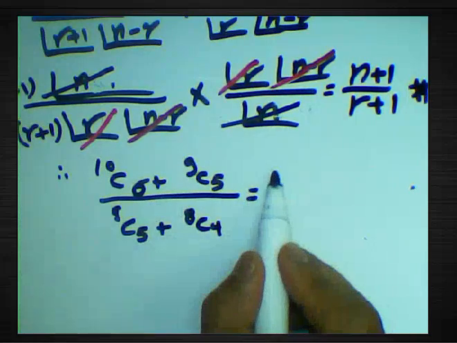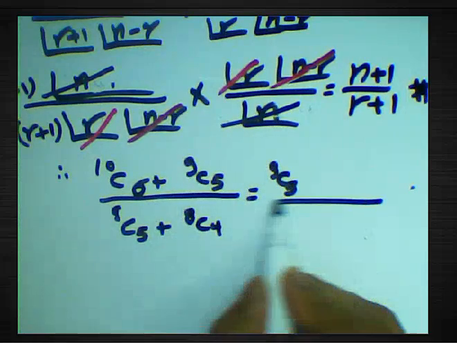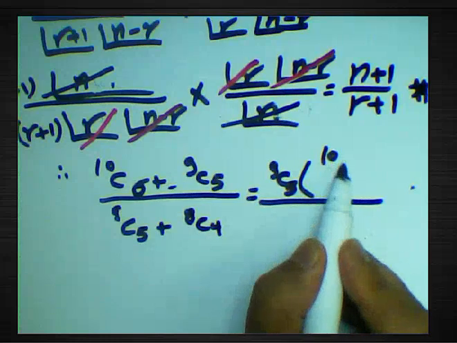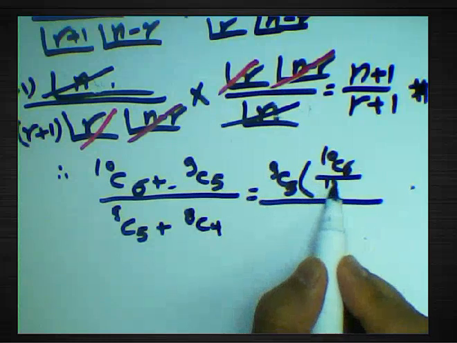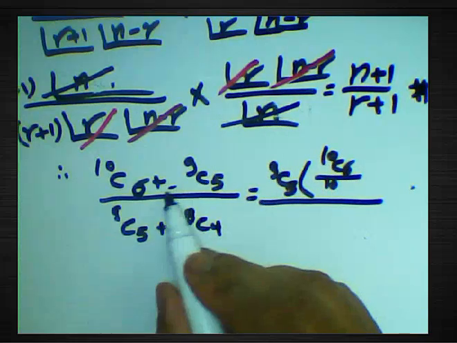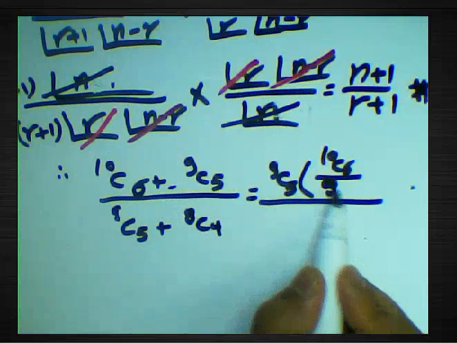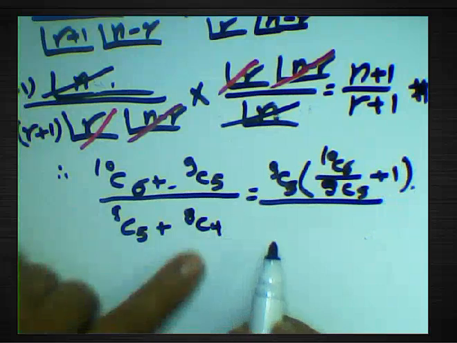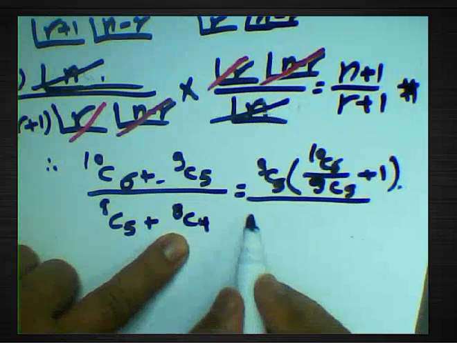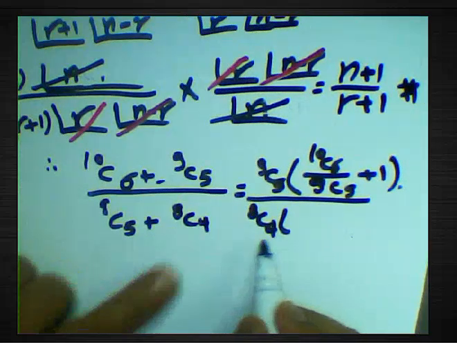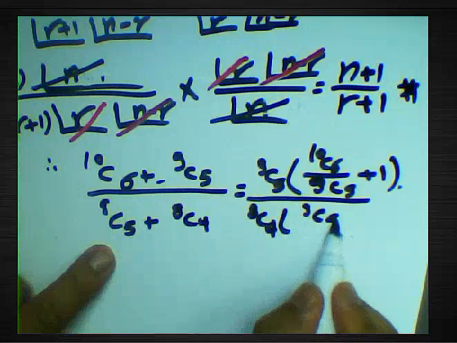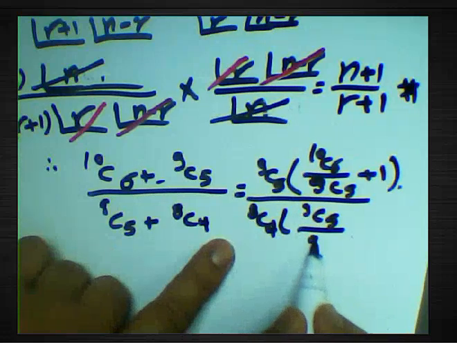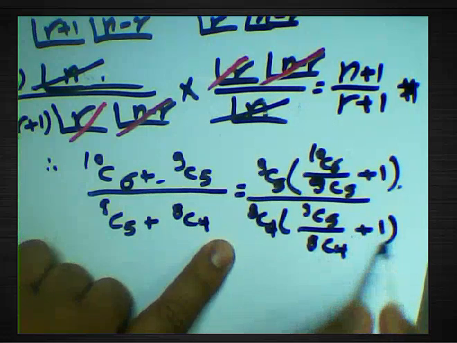We can write the highest common factor between them and use this rule to find the result. The top here is greater than the down. So you can write outside 9 combination 5 as a common factor between numerator and denominator. Then 10 combination 6 plus 9 combination 5 over 9 combination 5 plus 8 combination 4: we write 9 combination 5 as a common factor. The result will be 10 combination 6 divided by 9 combination 5, plus 1. And here write 8 combination 4 outside. The result will be 9 combination 5 over 8 combination 4, plus 1.